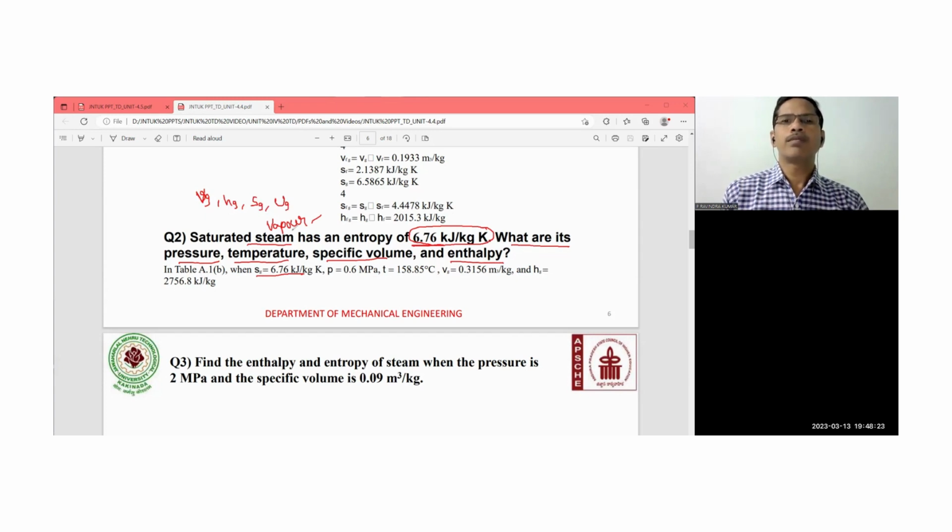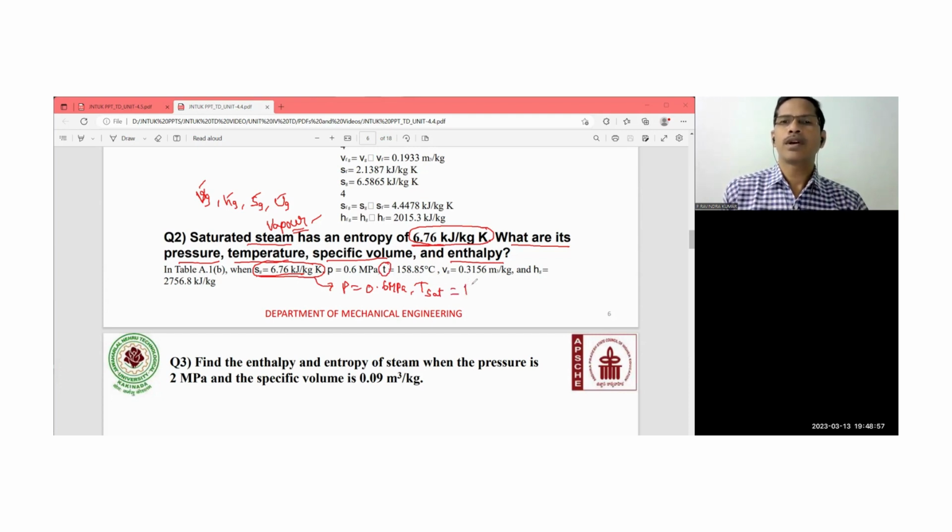So here the Sg value is already given, and related to that you have to pick up the rest from the steam tables. What is its pressure? That pressure is 0.6 megapascal, you can check it from the steam tables. And small t is the saturation temperature corresponding to this 6.76.